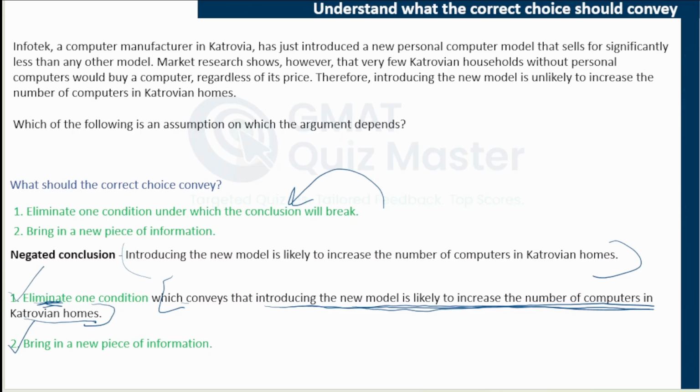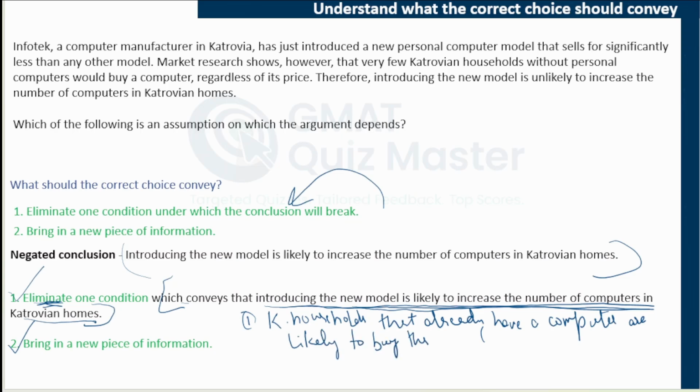For example, if we say that Ketrovian households that already have a computer are likely to buy this new PC.